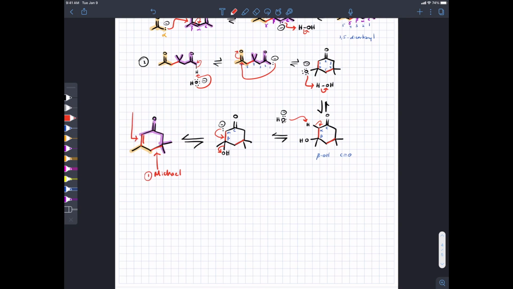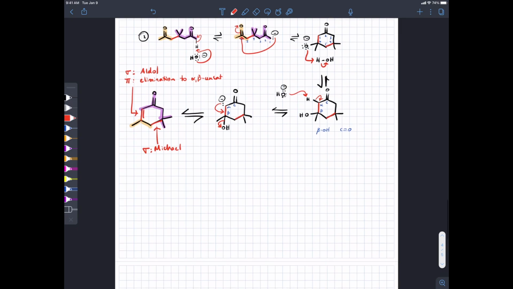And then the sigma bond there we made via the aldol, and then the pi bond we made via elimination of the beta hydroxy carbonyl compound to the alpha beta unsaturated carbonyl compound.